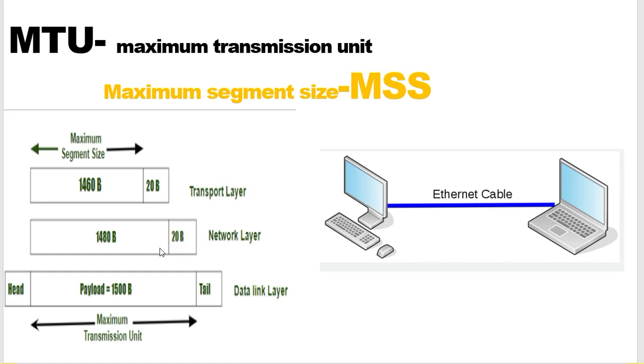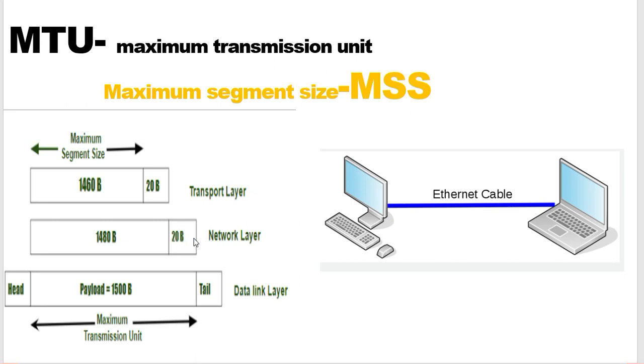This information itself can go up to 20 bytes, so that is reserved for the header. Now you are left with 1500 minus 20, which is 1480 bytes on the network layer, provided there is no other encapsulation.